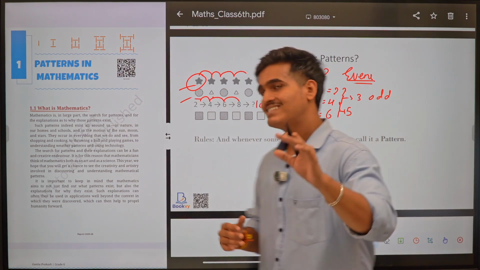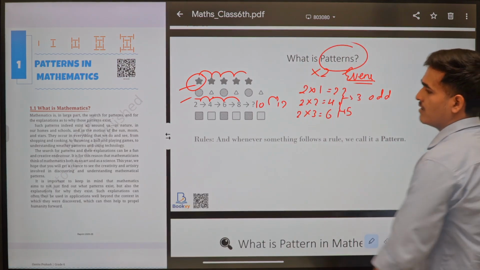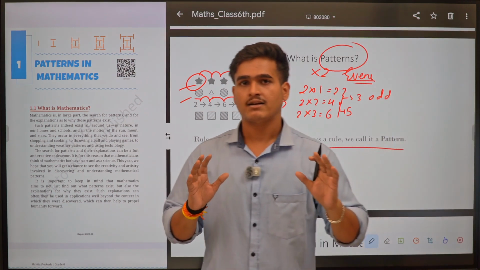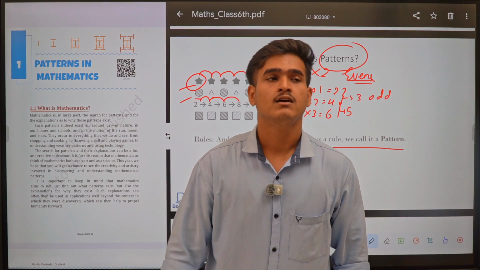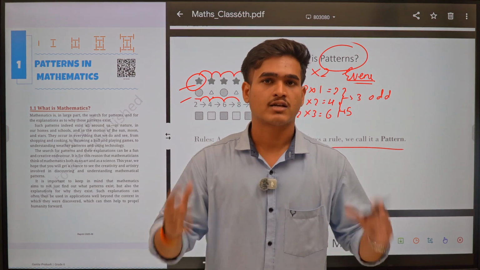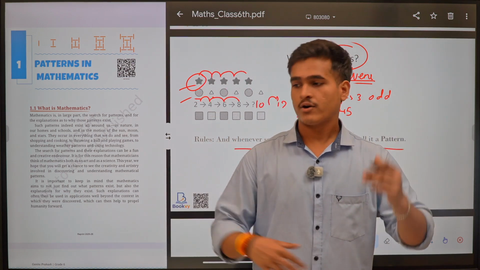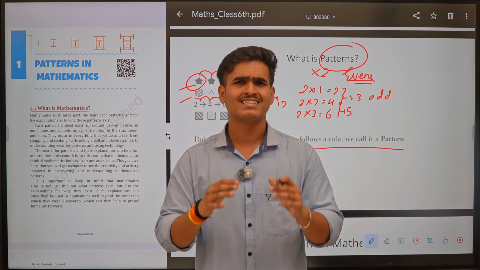And now we will see the rule of the pattern. What is a pattern? Whenever something follows a rule, it's called a pattern. It's simple like that. For example, if you look around your home, your surroundings, you will see many things like butterflies, your home tiles, your boxes, your chairs, anything.